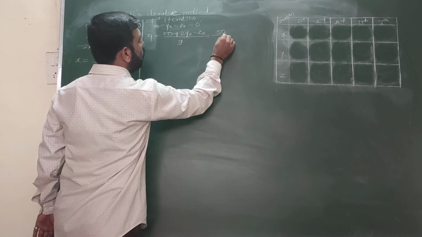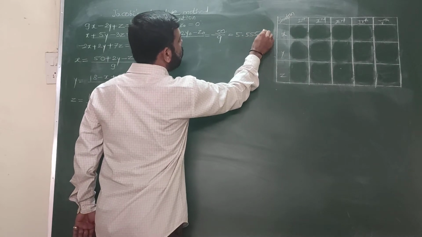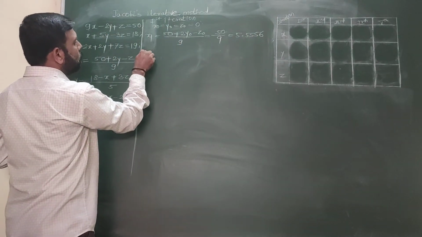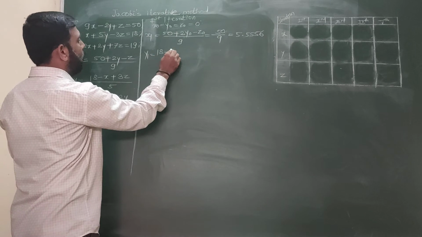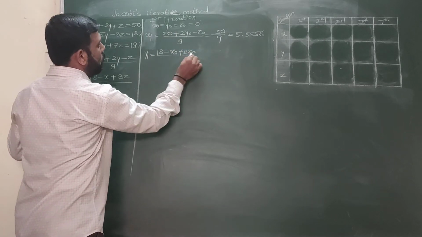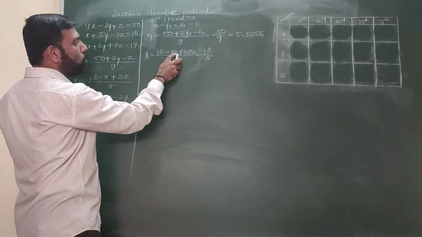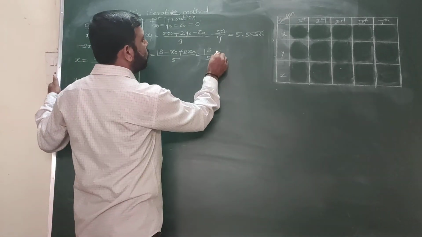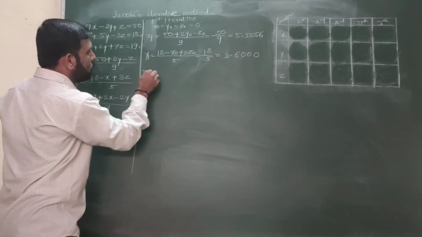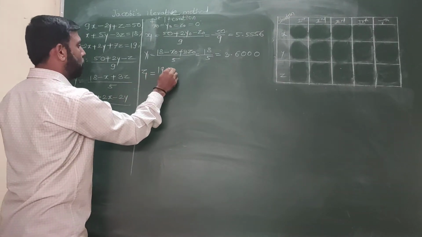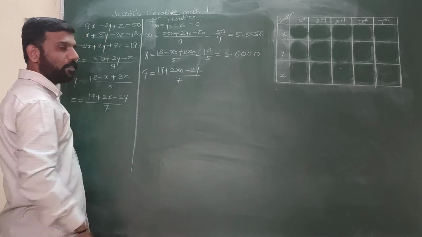So this becomes 50 upon 9, and the value of this output is 5.666. y1, the first approximation of y, is 18 minus x0 minus 3z0 upon 5, which equals 18 divided by 5 because these two values are 0 initially. z1 is 19 plus 2x0 minus 2y0 upon 7.